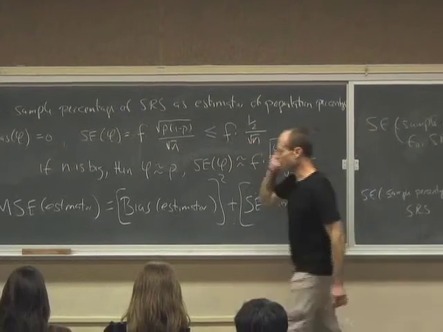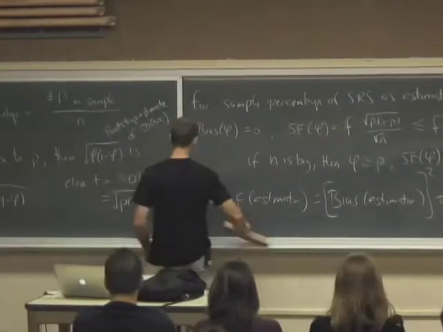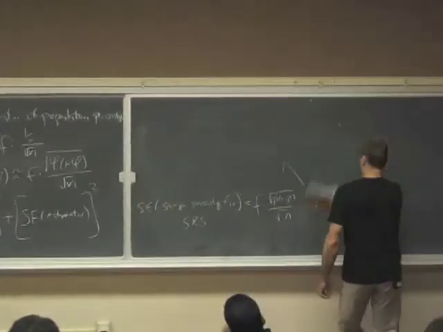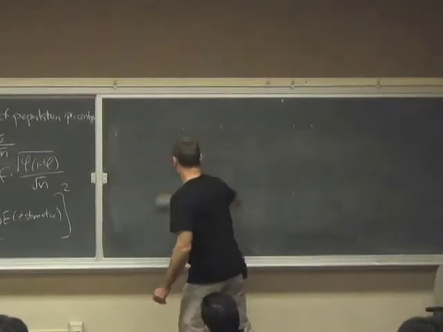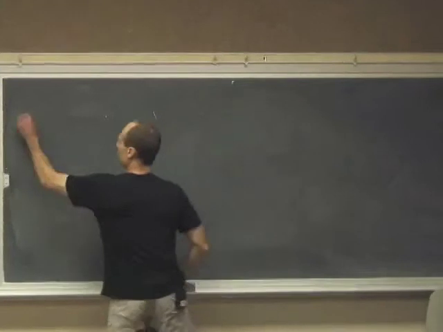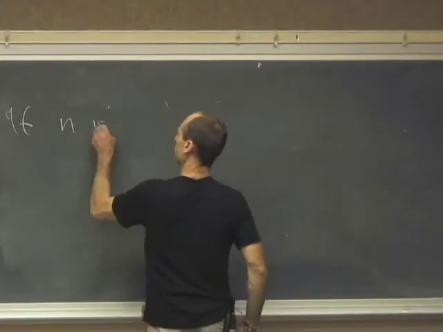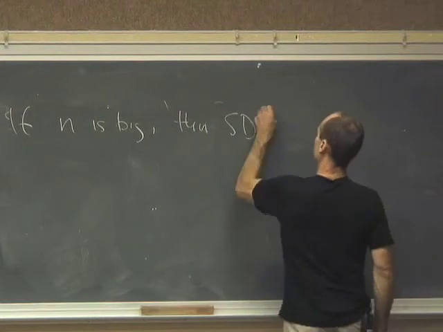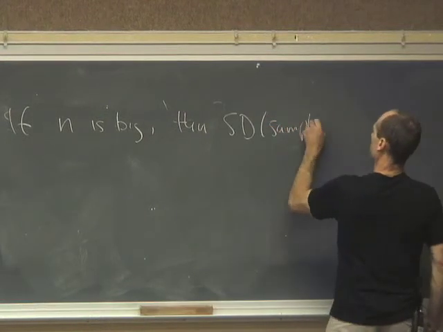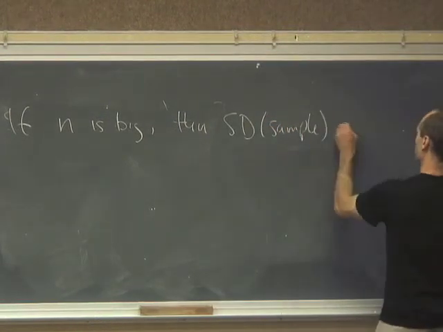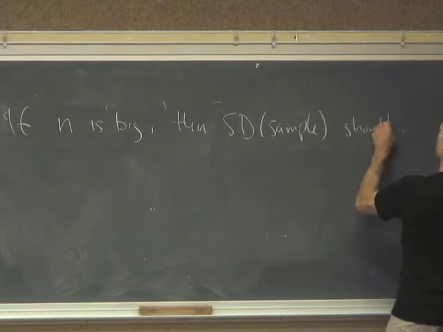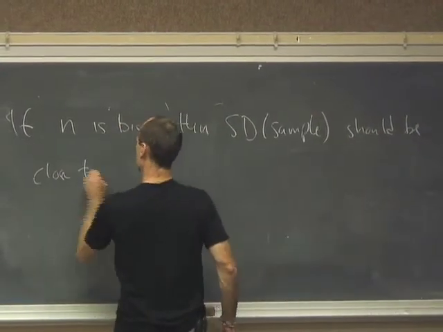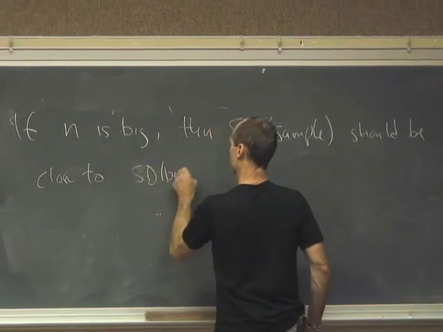Okay, so back now we're pulling numbers from a general box, and we could estimate that if n is big, then the SD of the sample should be close to the SD of the box.